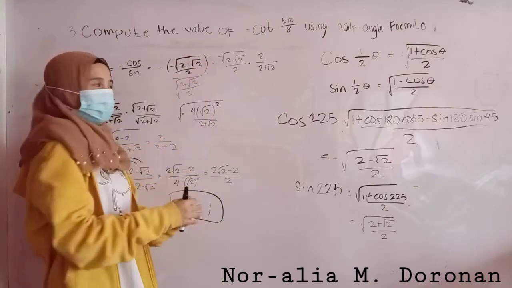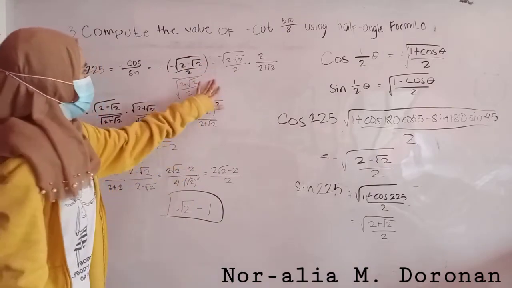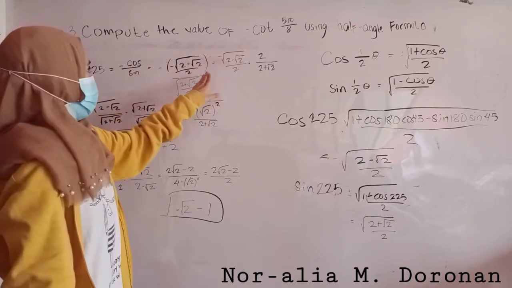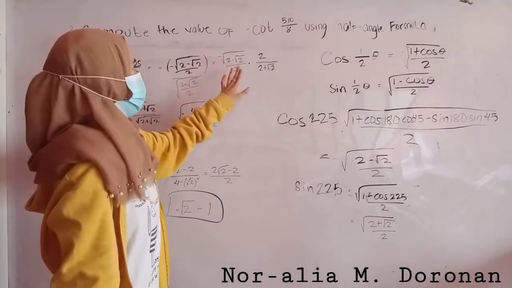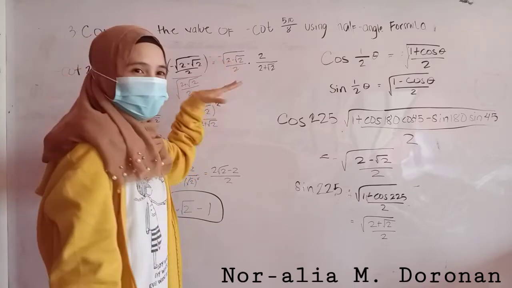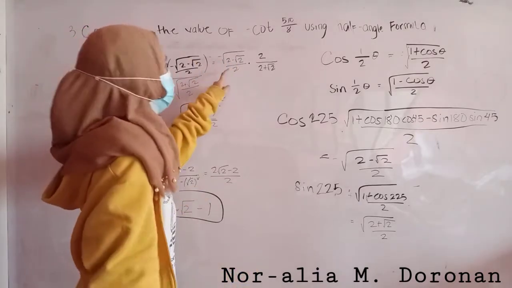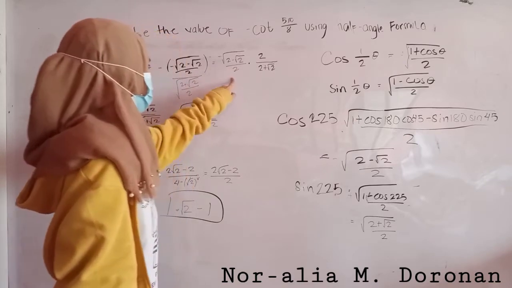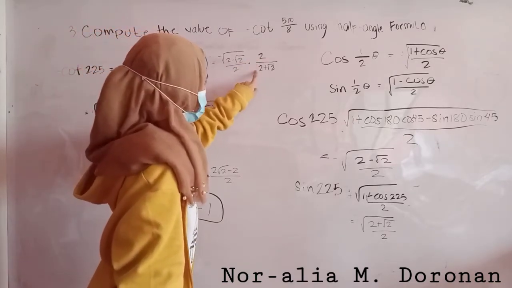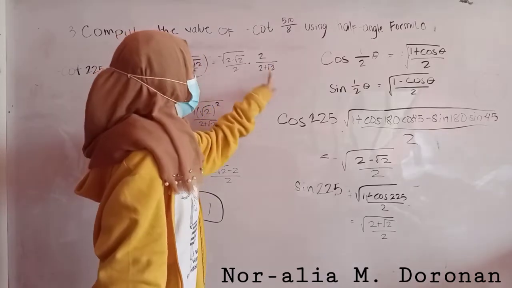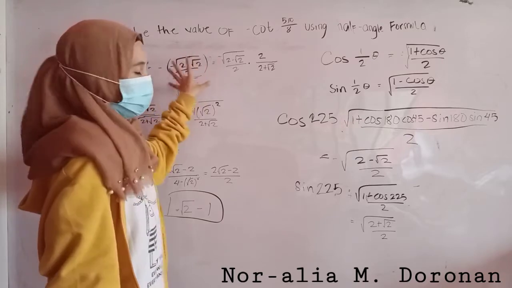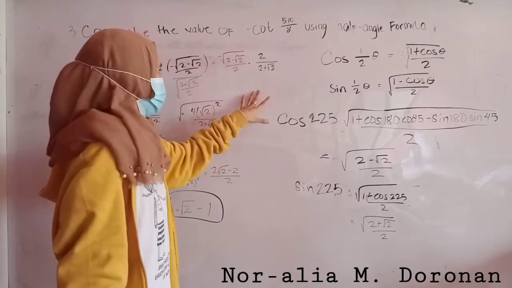So how do we solve this? It equals 2 square root of 2 minus square root of 2 over 2, times 2 over 2 plus square root of 2.